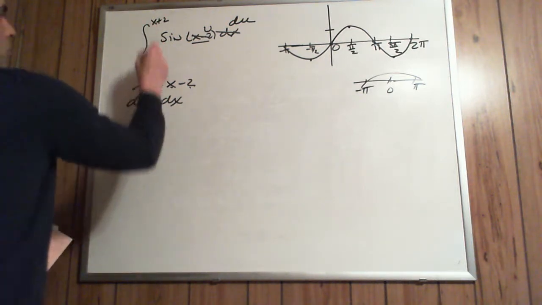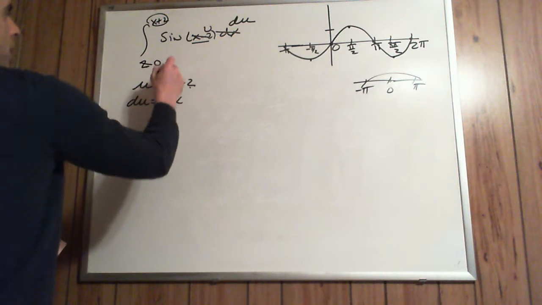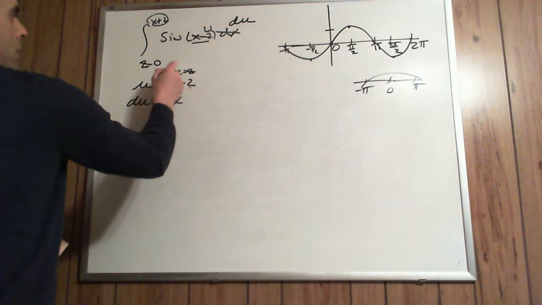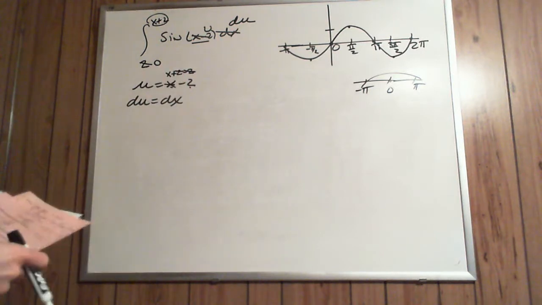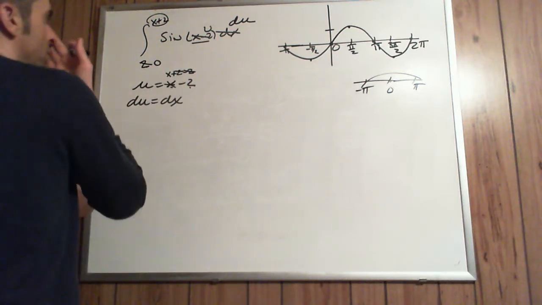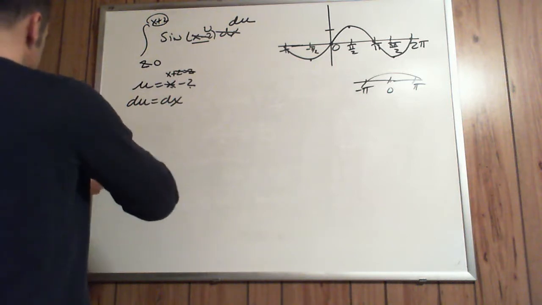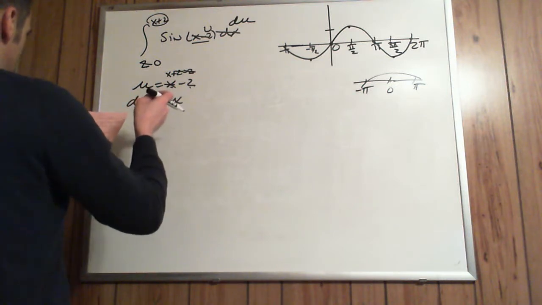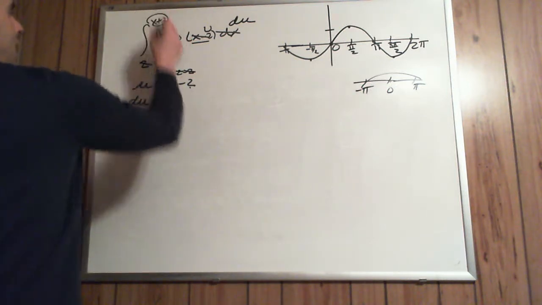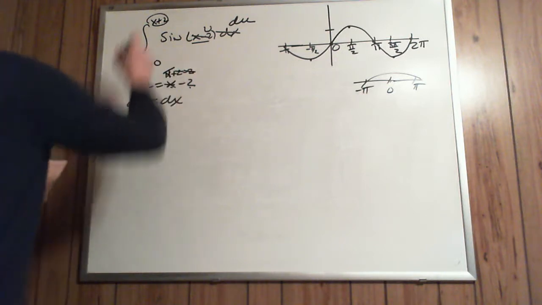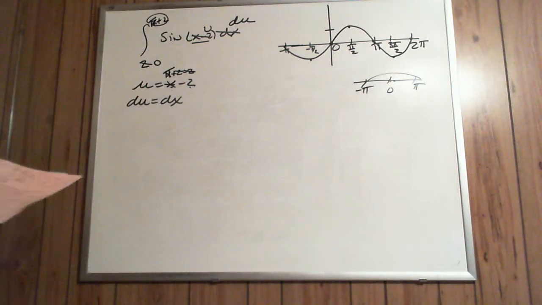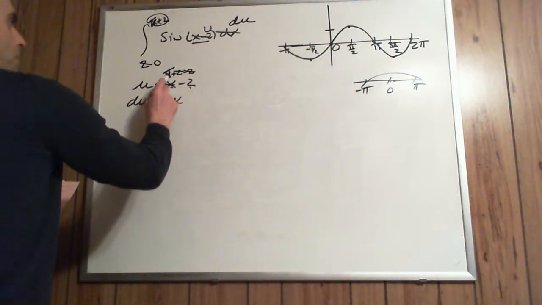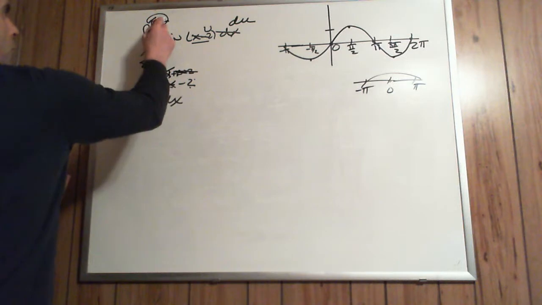And then here, when x is pi plus 2, oh, it's pi plus 2, not x plus 2. I thought something was funny. I wrote it down wrong. So x here is pi plus 2. Then I put in pi plus 2 minus 2. These drop out, and I'm left with pi.